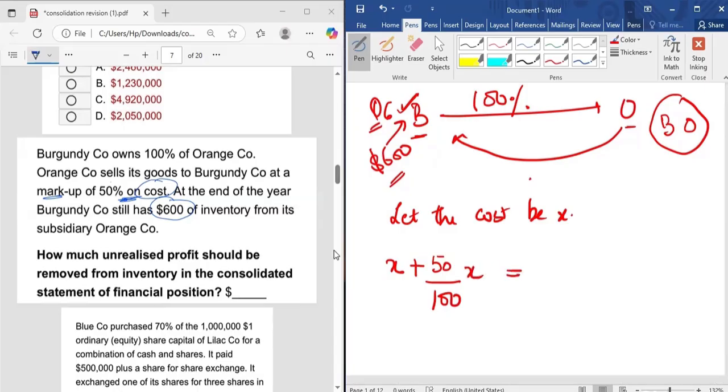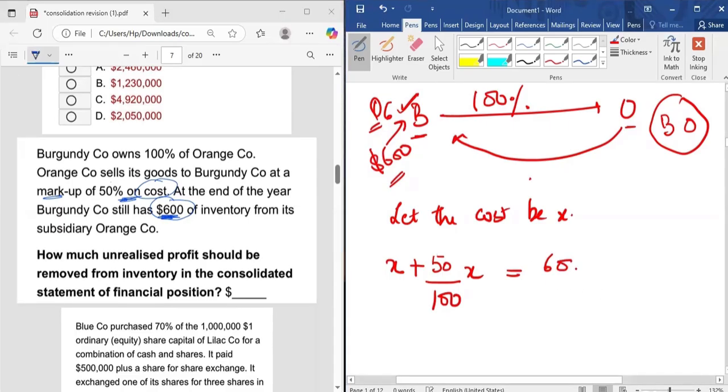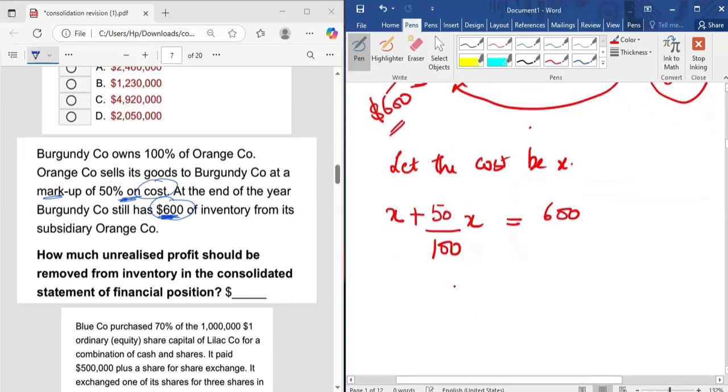At the end of year, Burgundy still has $600 of inventory. So they have the entire inventory. Orange Company sold goods worth 600 to Burgundy Company, and Burgundy Company has this entire inventory. They have not sold any part of it. So when I took the cost of the inventory and added 50% to it, I arrived at the selling price, which is 600, right? Now I'll calculate it.